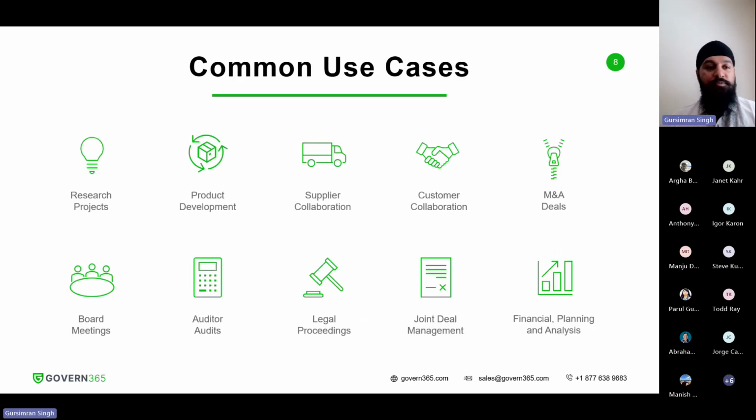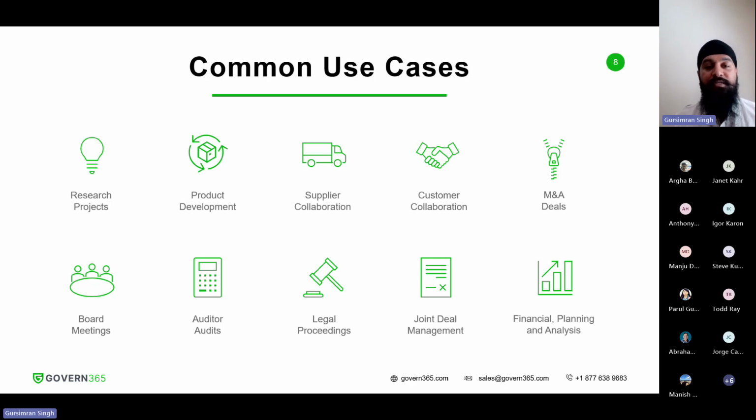Some common use cases we have: we work on research projects, product development, lots of supplier and customer collaboration. M&A is a huge one. Obviously, there's going to be lots of companies that are looking for a way to share their financial data, their company information very securely to outside firms, to investing firms, or to potential buyers.